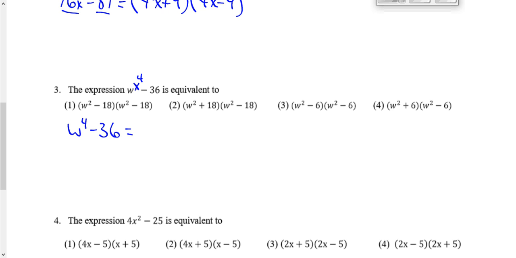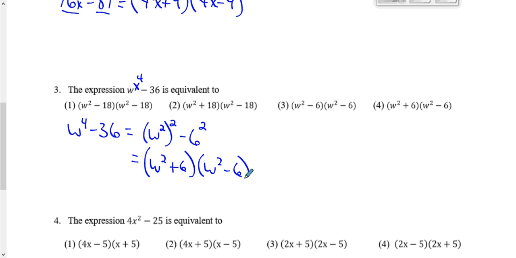I'm going to spell this one out explicitly, see if we can write it like a squared minus b squared, because it's a little different than the other ones, right? W to the 4th is actually what? W squared, right? Minus 6 squared. So that's a squared minus b squared. So it's w squared plus 6 times w squared minus 6. And Serenity was correct. I was just toying with you a little bit there.